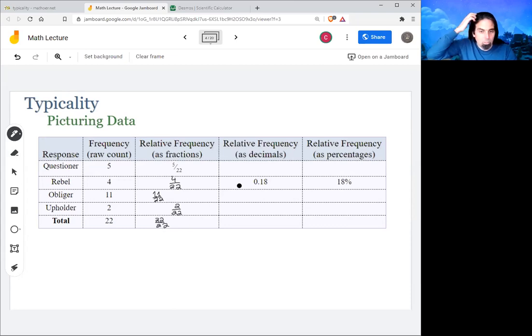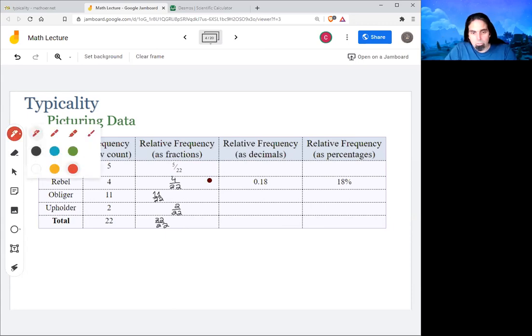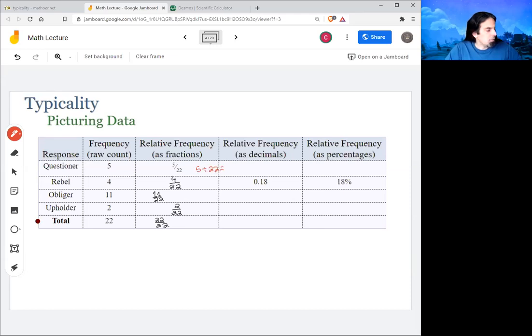The relative frequency, you do top divided by bottom. So 5 divided by 22. I'm going to use my handheld calculator because it's easier than flipping around. So 0.2272. Right?